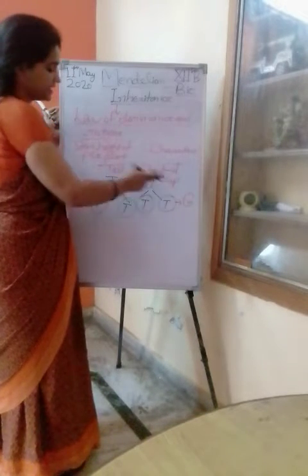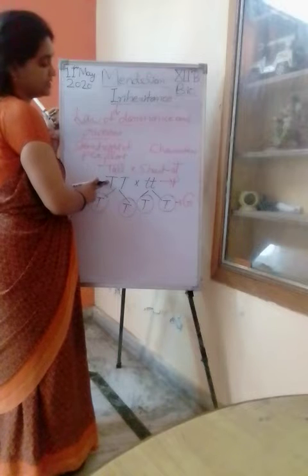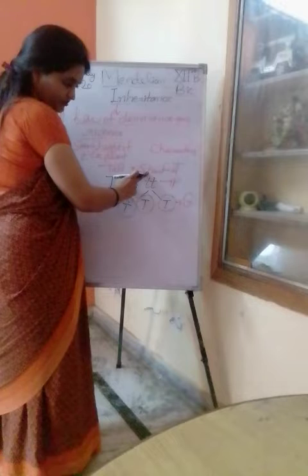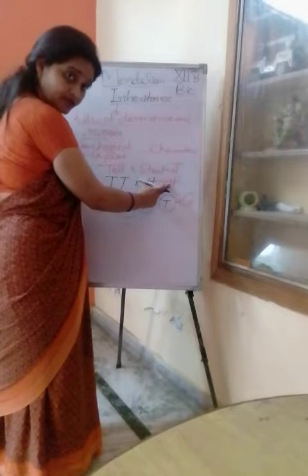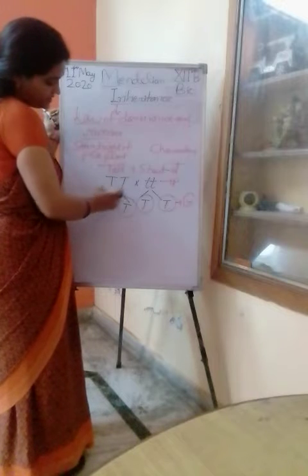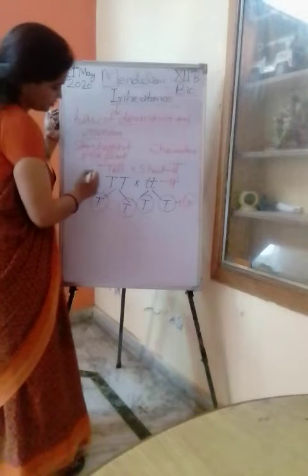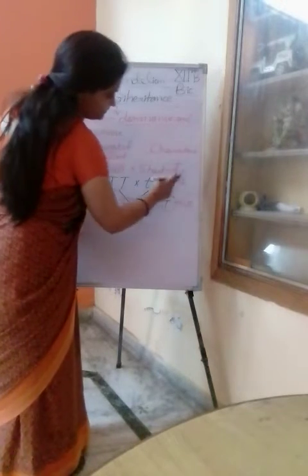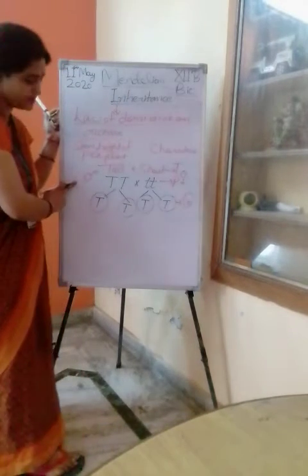So we will take capital T and small t alleles of the tall and short traits. That is called the parents, and we will cross them. Suppose the first allele separates into gametes. Write down the male and the female. The plus sign is the female and the arrow sign is the male.